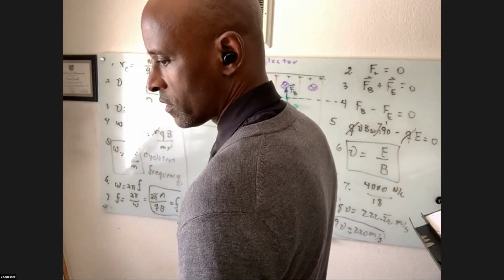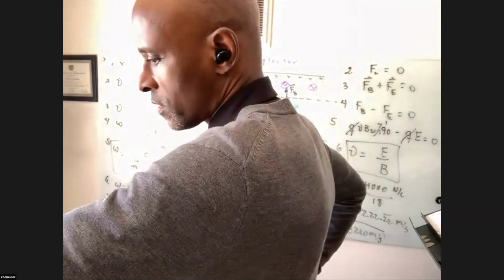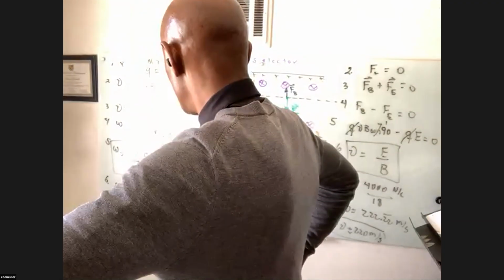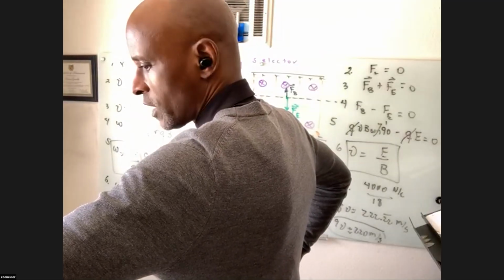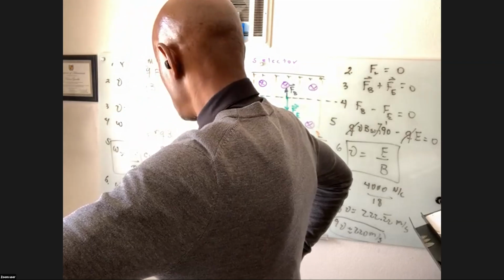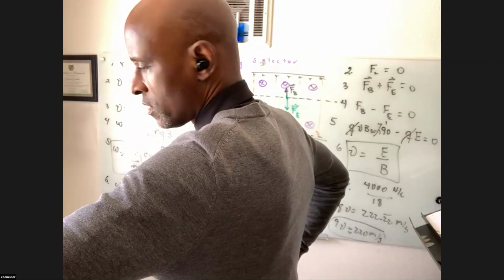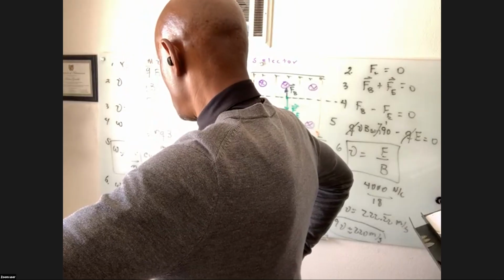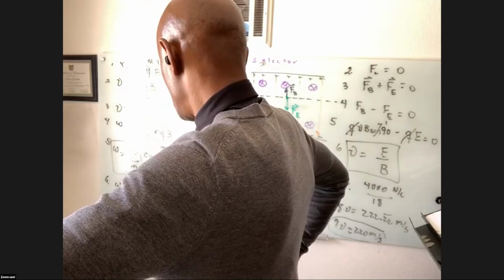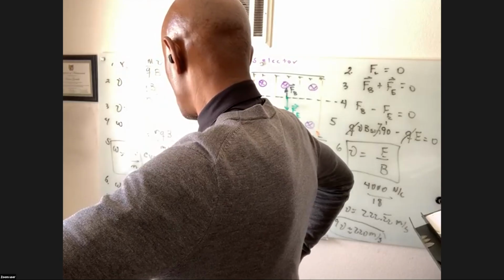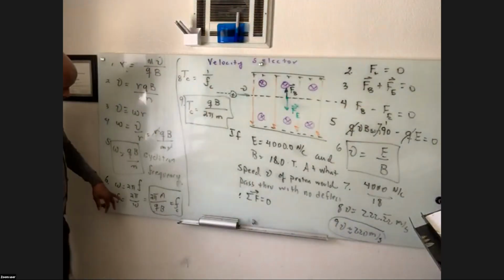V is QBR over M. Omega is QB over M. Oh, wow. Can't do algebra. Sorry, folks.